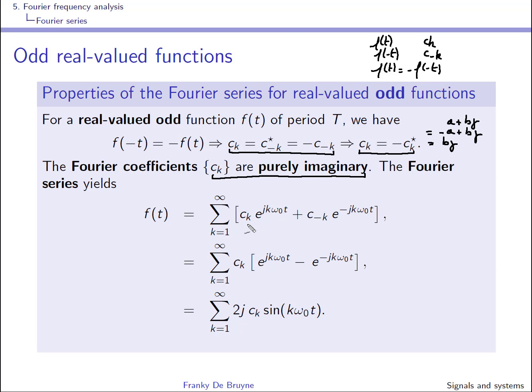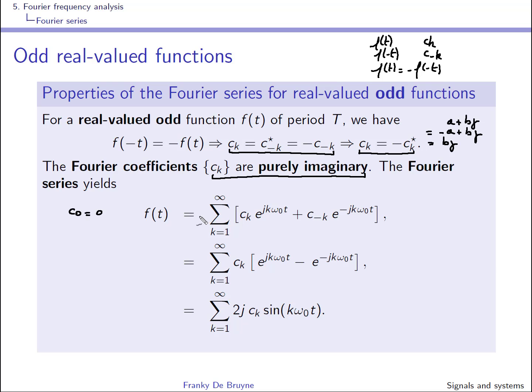So we can do this trick again, except that if the function is odd, you will always have c0 equal to 0. This is because of the property that the function is odd.